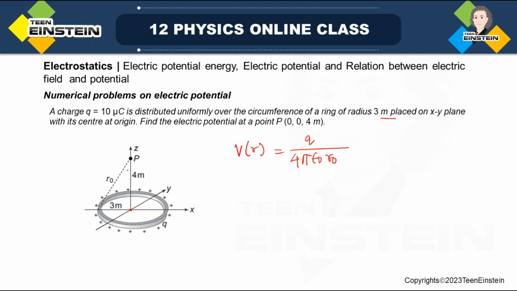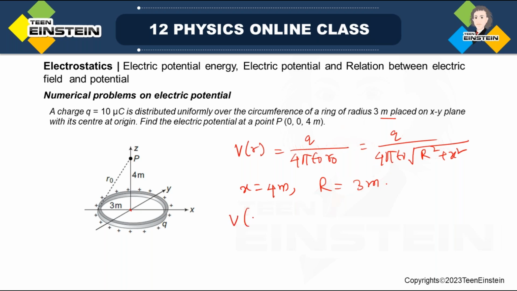See here r0 as you see in the figure, so q by 4 pi epsilon naught square root of r square plus x square. So what is x? X here is 4 meter. What is capital R? R is 3 meter. So what is the potential at P? That is q by 4 pi epsilon naught square root of 3 square plus 4 square.